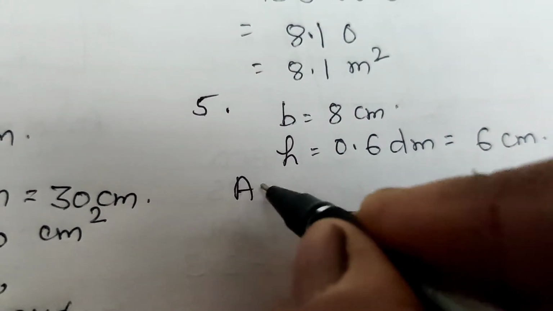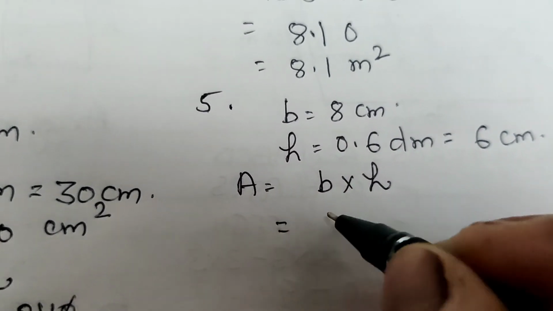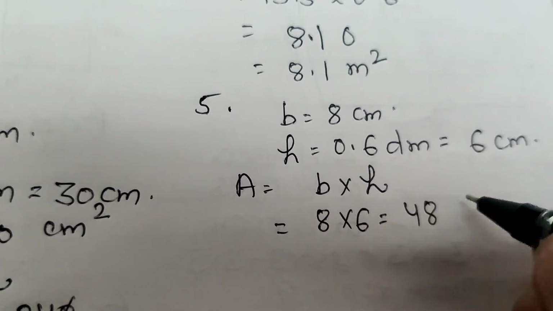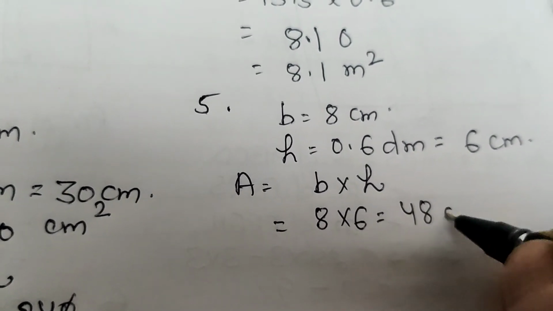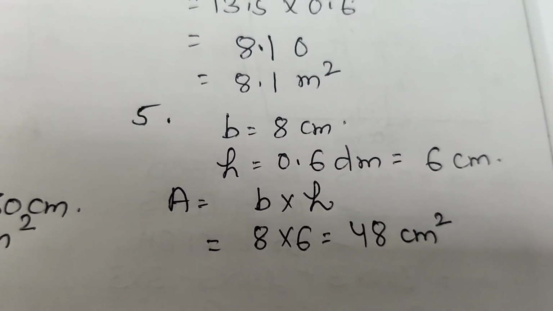Now the formula of area of rhombus is base into height, 8 into 6, 48 square centimeter or the centimeter square. Okay. Question number 6.